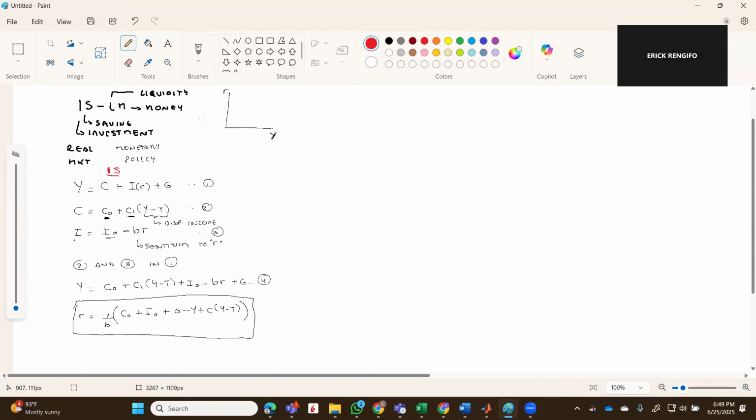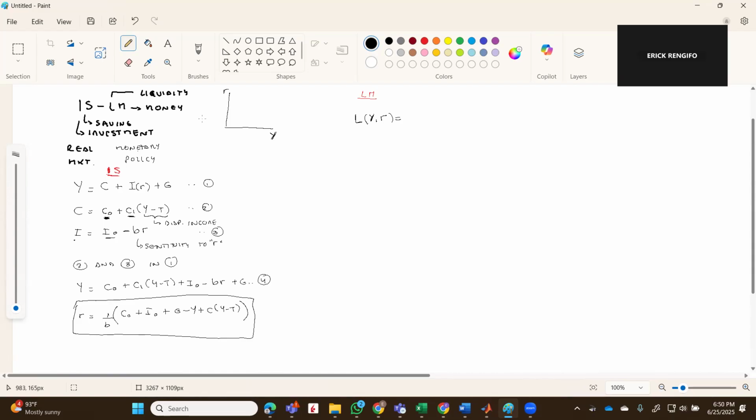My LM function, guys, this is the monetary side of the equation, and the equations are very simple here. What we're going to say is that I have the liquidity that is demanded by people. The money demanded by people depends on the level of production or income and depends on the interest rate.